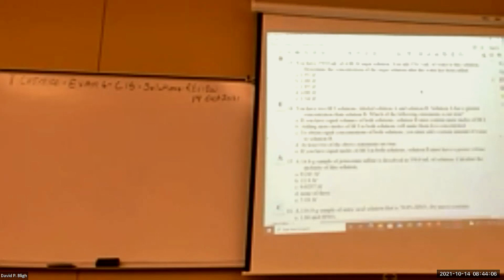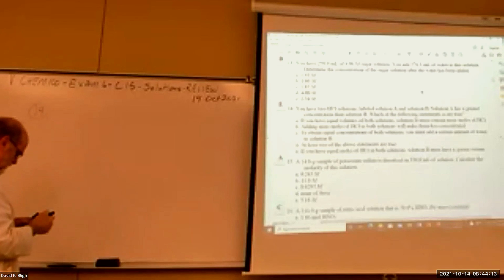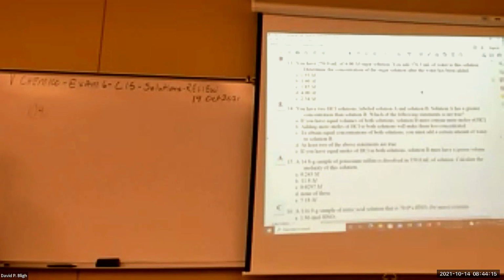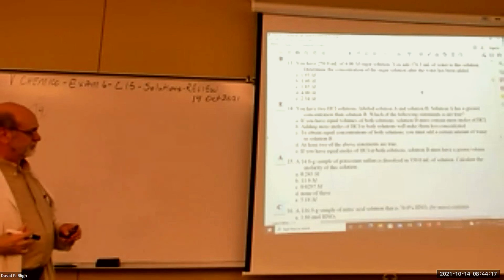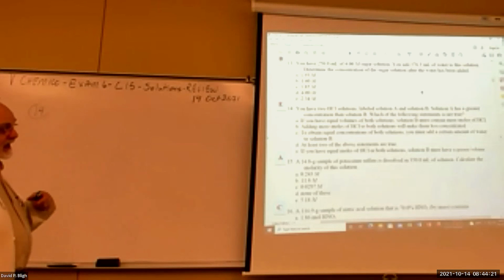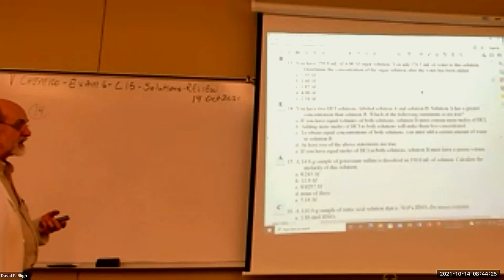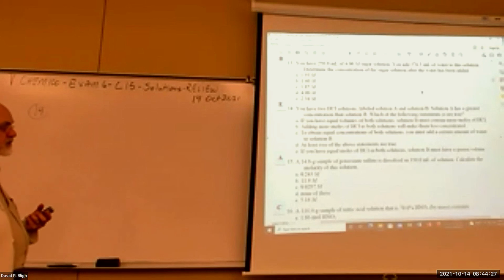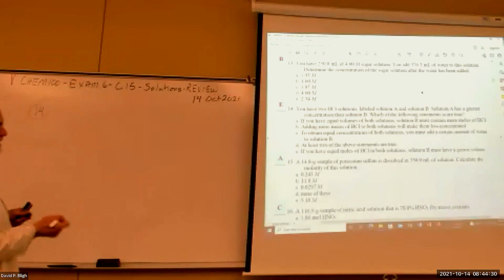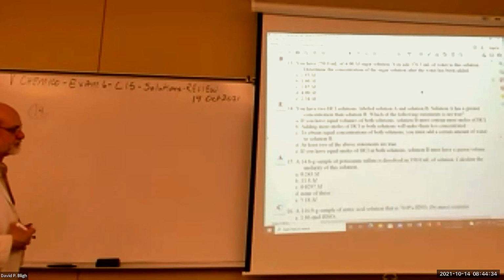Let's see, 14. This marker's giving out on me. You have 2 hydrochloric acid solutions, labeled solution A and B. Solution A has a greater concentration than solution B. Which of the following statements are true? All right, so let's reason this first before we look at our choices.